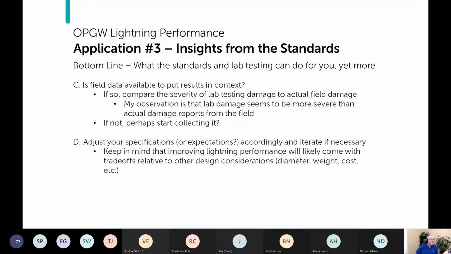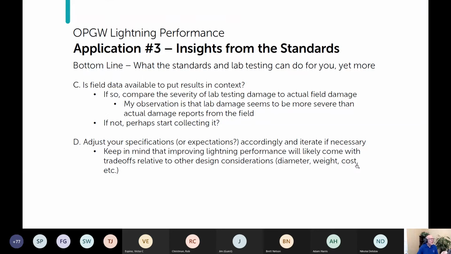Flat out, in some fashion, more metal is going to give a cable better ability to withstand the lightning energy and dissipate it. So more metal means somehow the cable is bigger, heavier, and in turn, bigger, heavier means cost goes up.